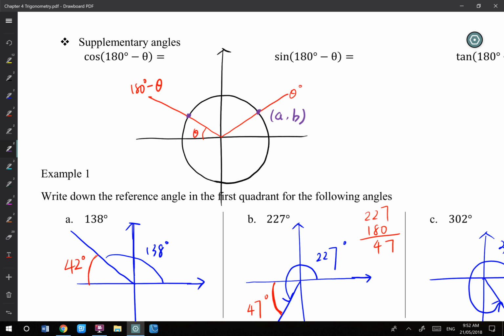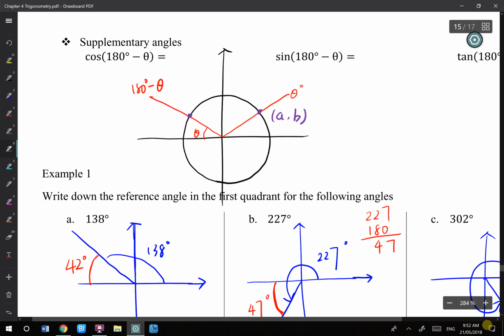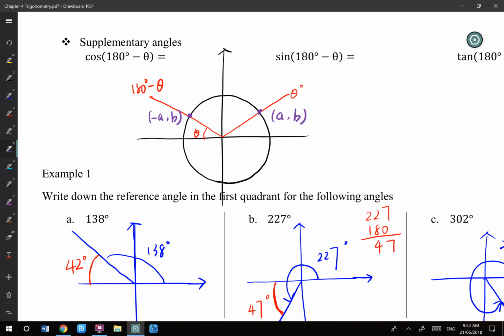Similar: minus A, comma B. Okay, x value and y value represent what? X represents cosine, and y represents sine.